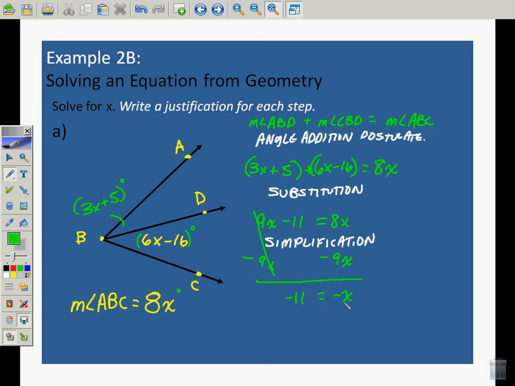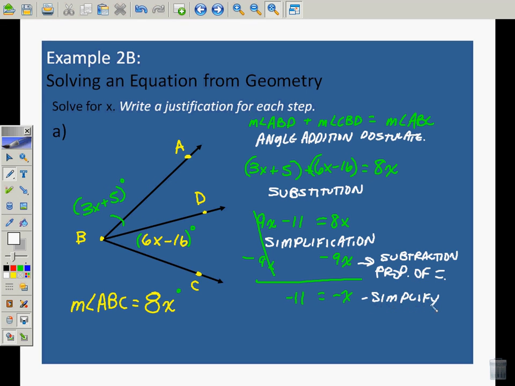This right here, this step that I did, is called the subtraction property of equality. So we'll call that the subtraction property of equality. And we're going to call this step simplification.